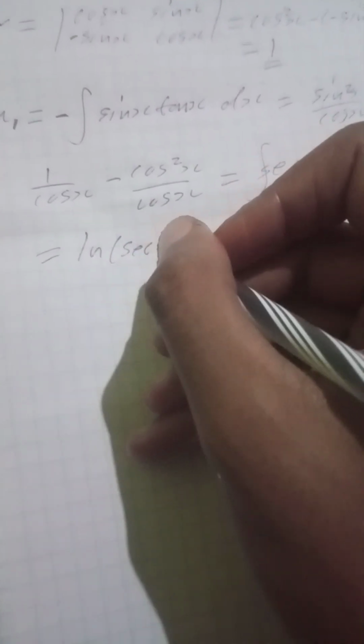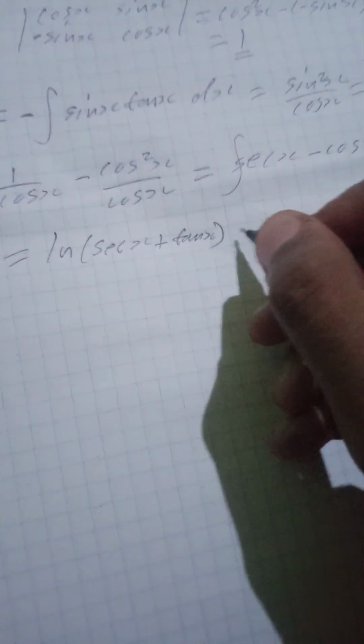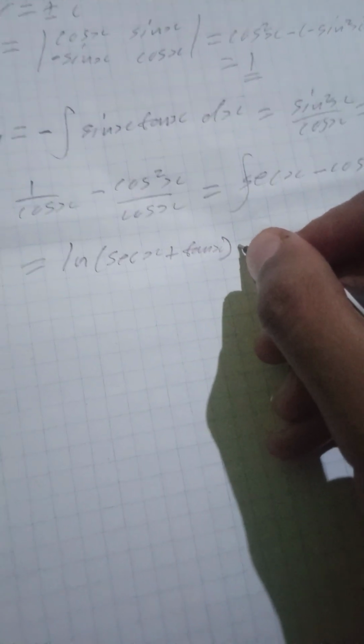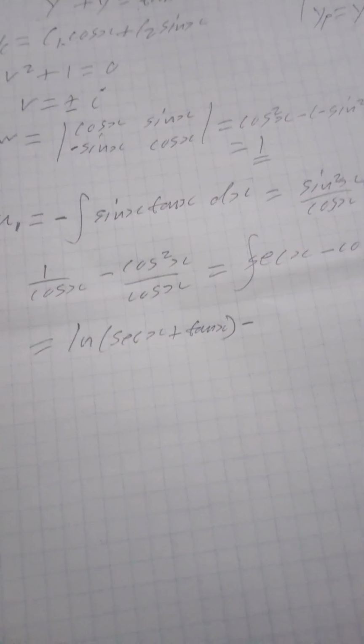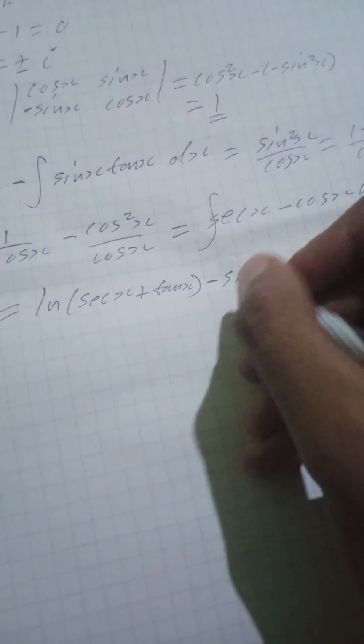So we take the integral of that dx, and I just happen to know the integral of secant x is ln of secant x plus tan x. And the integral of cosine x is just positive sine x, and there's a negative sign from here.